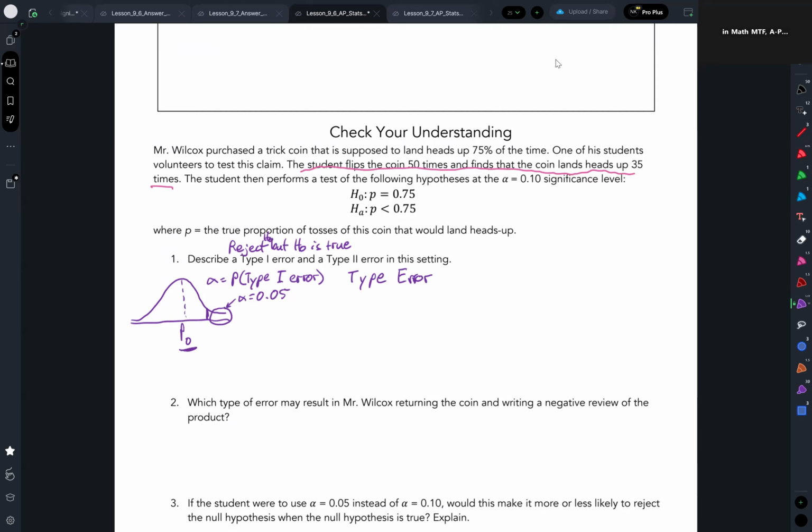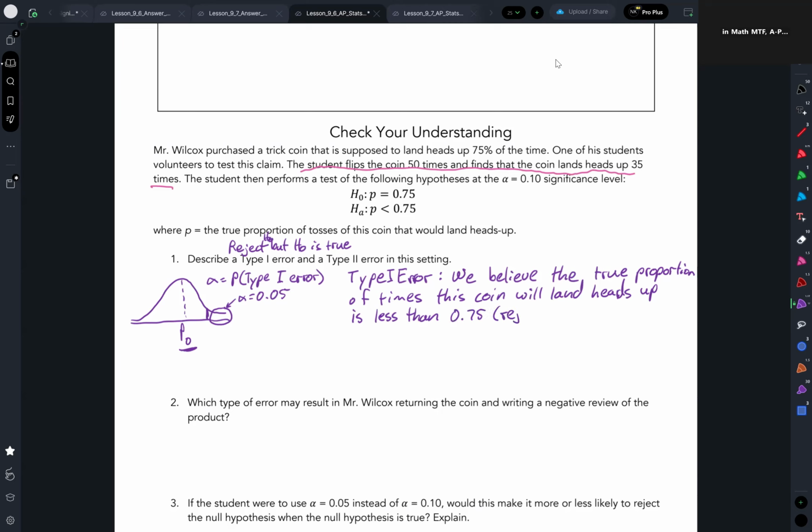Type 1 error, we believe the true proportion of times this coin will land heads up is less than 0.75, right?